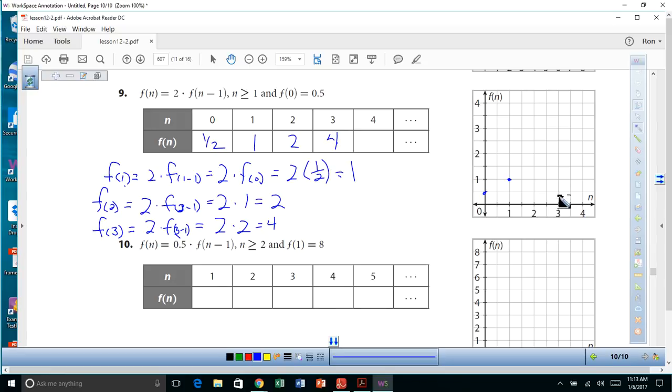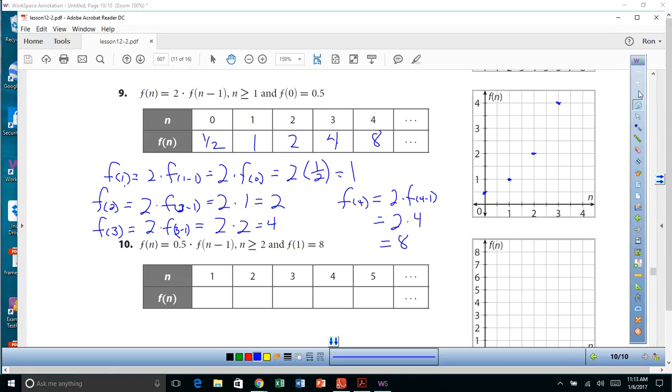So 1 was 1, 2 was 2, and then 3 is 4. All right. F of 4 equals 2 times f of 4 minus 1, and that's 2 times f of 3. F of 3 was 4, so 2 times 4, and that gives you 8. All right, looking good so far.